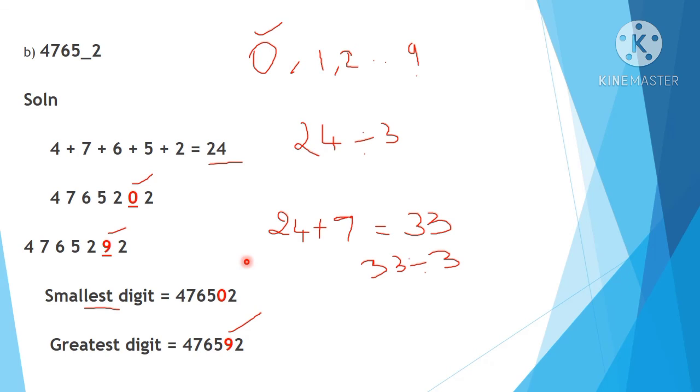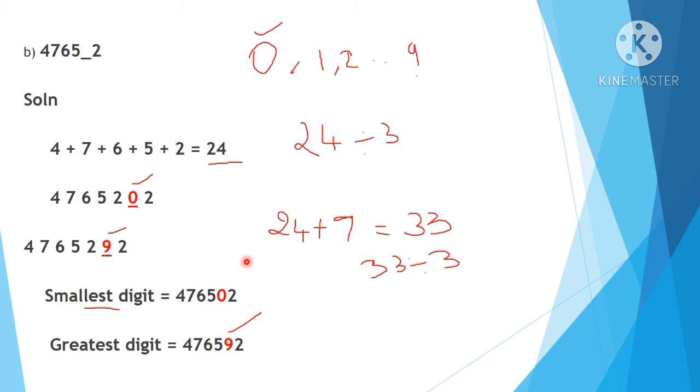Okay, here the second problem is 4765-2. The same way you want to find out the smallest digit and the greatest digit. So first thing what you want to do, children, you want to add, right? So 4 plus 7 plus 6 plus 5 plus this missing number we want to find out, plus 2.